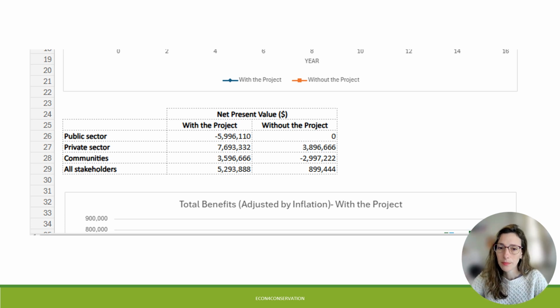Okay, so now you know what a CBA is, why we use it, how we conduct a CBA, and the remaining thing for you to learn from this introductory lecture is to understand that while cost-benefit analysis is an important decision-making tool, it comes with its own set of challenges and limitations.